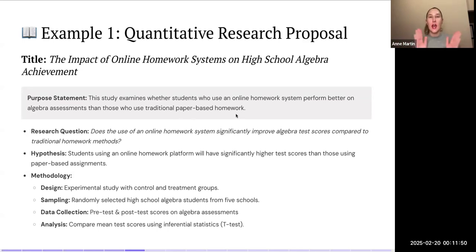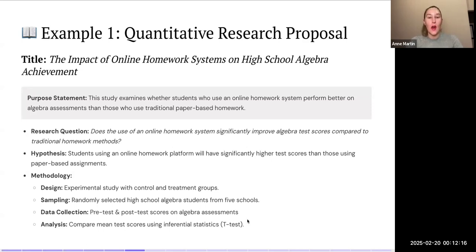So they want to confirm: is there a relationship between online homework systems and algebra, and then they are going to compare that to traditional paper-based homework. Here is the research question: does the use of an online homework system significantly improve algebra test scores as compared to traditional homework? And then, of course, they did a hypothesis because it's a quantitative proposal.